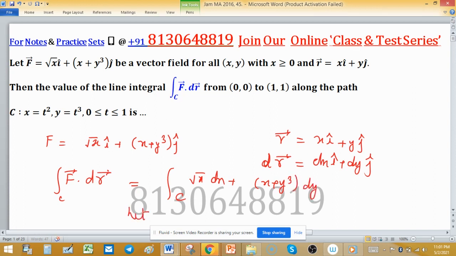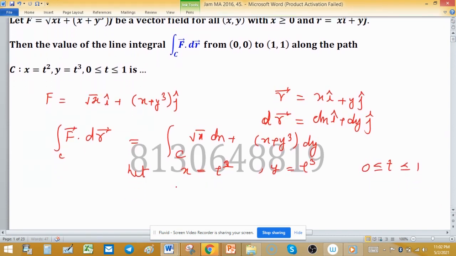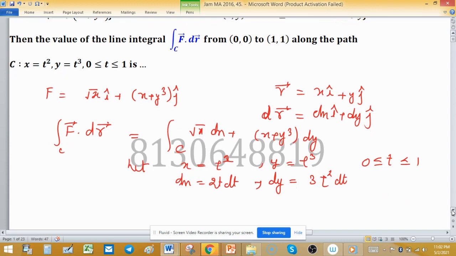As given, x is parameterized by t square and y by t cube, and the limits of t are from 0 to 1. So dx equals 2t dt and dy equals 3t square dt. So these are the derivatives. Now put these values in the equation.